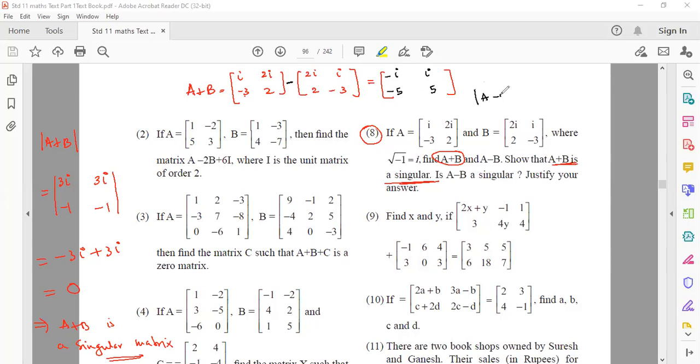So the determinant of A minus B will be minus 5i plus 5i, correct? So that also is singular, because we also get the determinant as zero, so A minus B is also singular.